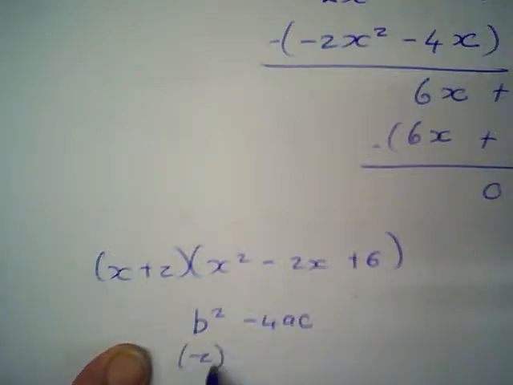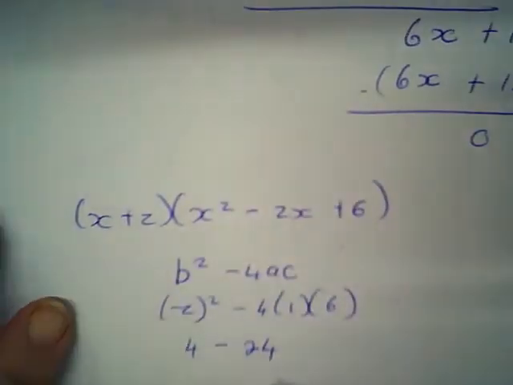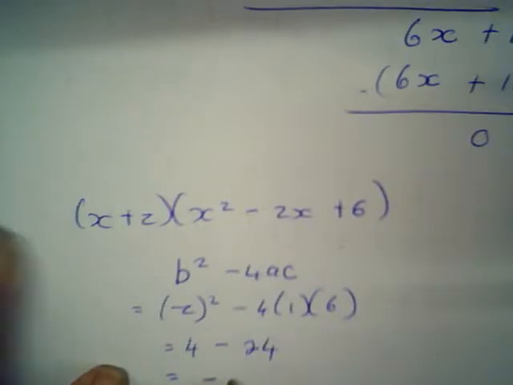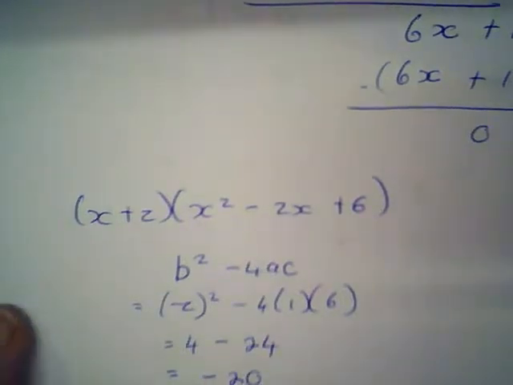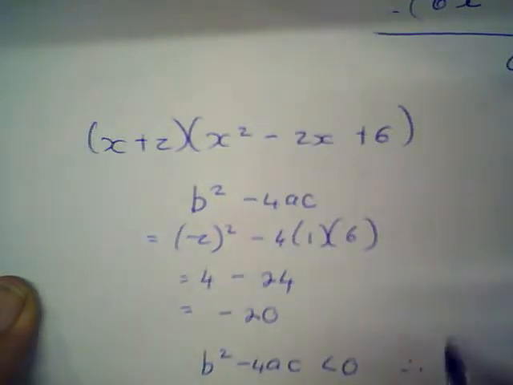So negative 2 squared, negative 4 times a is 1, and the value of c is 6. That would give me 4 minus 24. Well, this is definitely negative 20. So we can state b squared negative 4ac is smaller than 0, thus no roots.